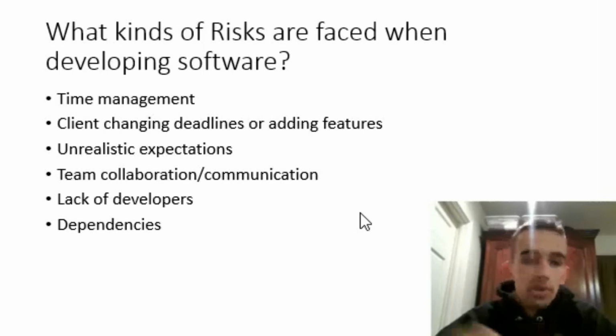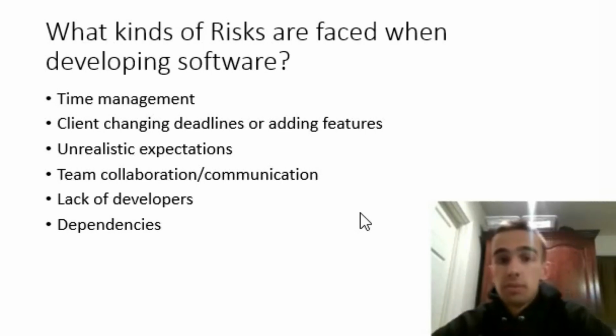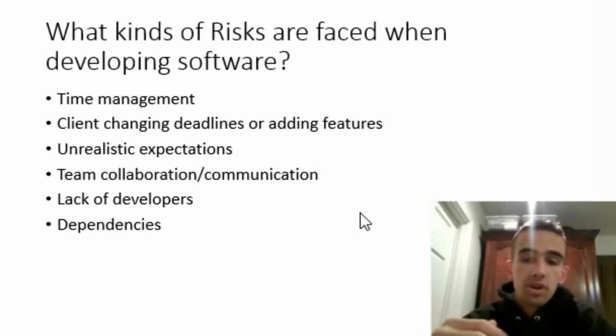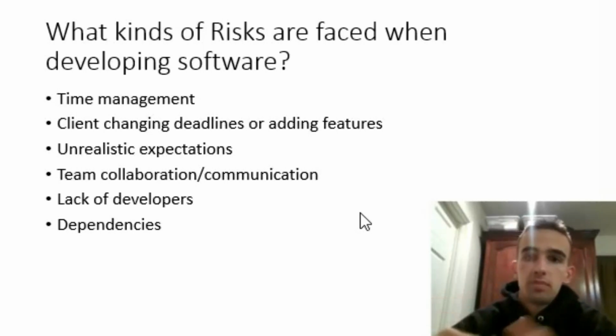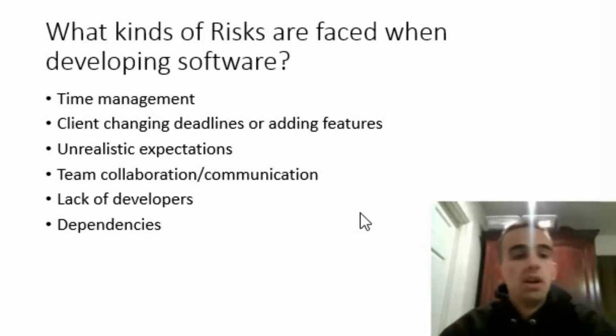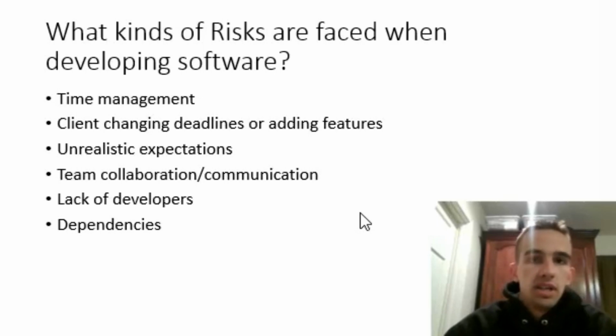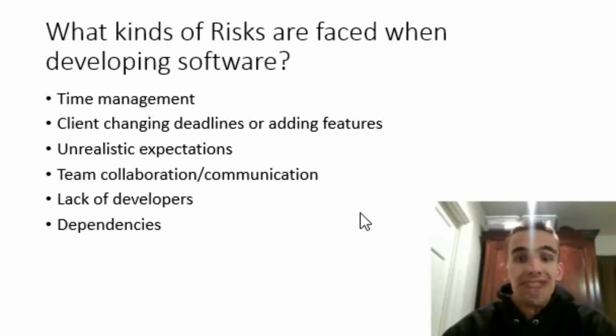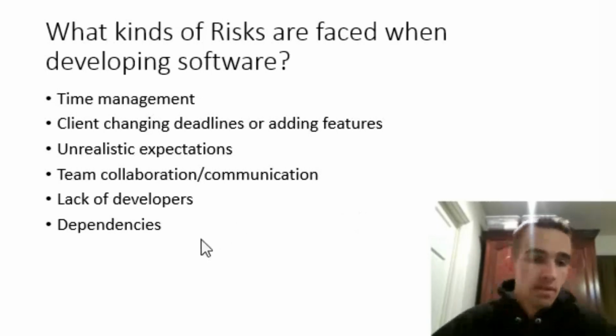You can have unrealistic expectations, from the client or even from the manager, like the product owner or someone within the company. You can also have problems with team collaboration and communication. I'll get to more on that in a second. You can run into issues with a lack of employees, and even dependencies within tasks and within the project itself that can slow things down if not properly handled.